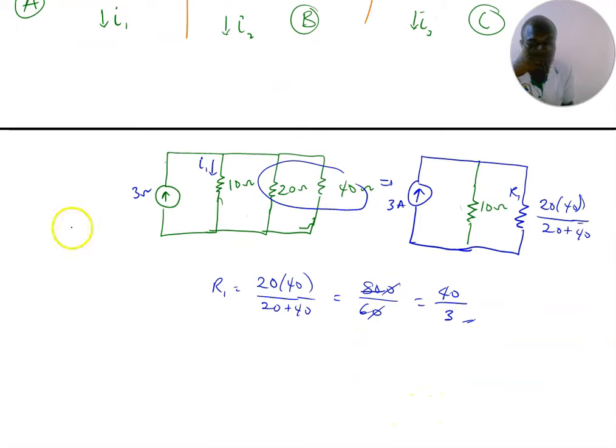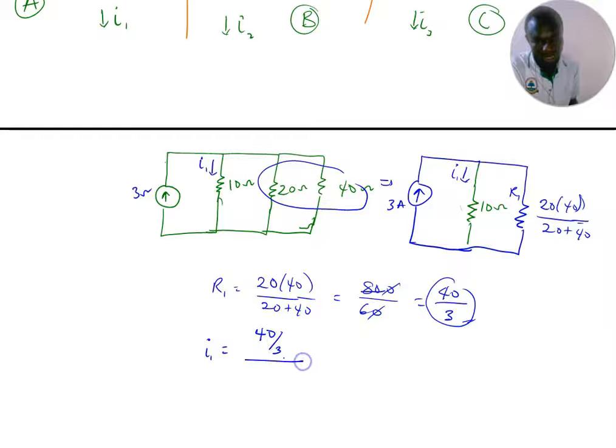So in order to find I1, which is on this path, you see, with superposition, current division is very important. So I1 is going to be the opposite resistance, which was 40 over 3, all divided by the sum of the resistors, which are 10 plus 40 over 3, times the total current, which is 3 amps.